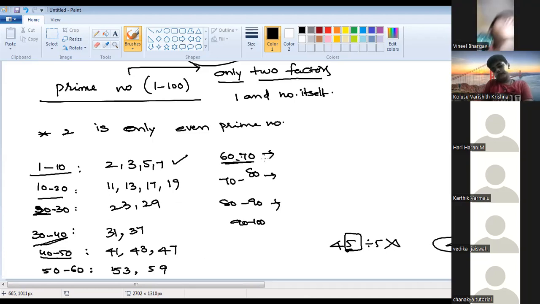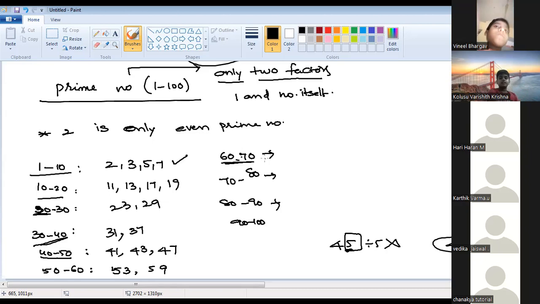Children, between 60 to 70, think: even numbers won't come. All even numbers are divisible by the 2 table because the last digit is even. Among odd numbers, some are divisible by the 3 table. What is the divisibility rule of 2 and 3?